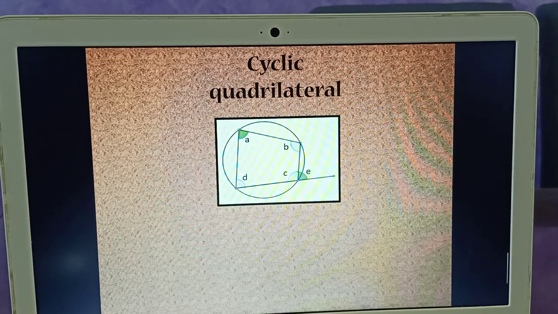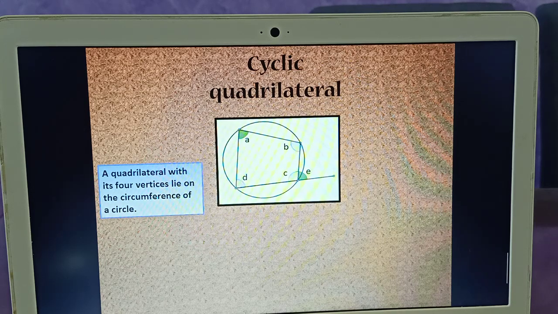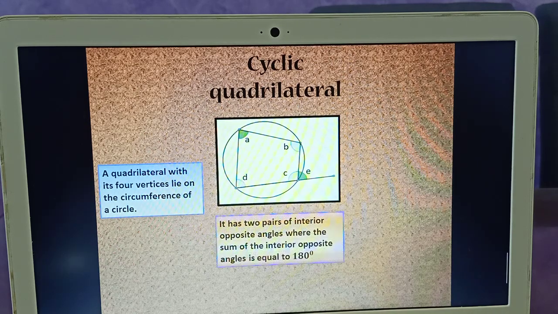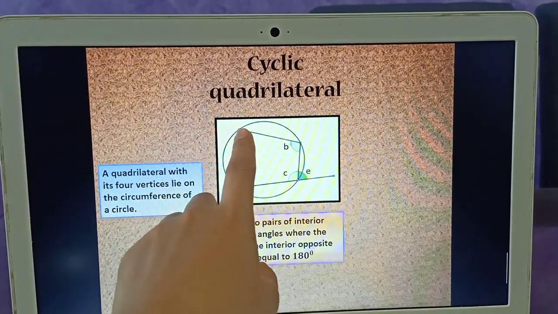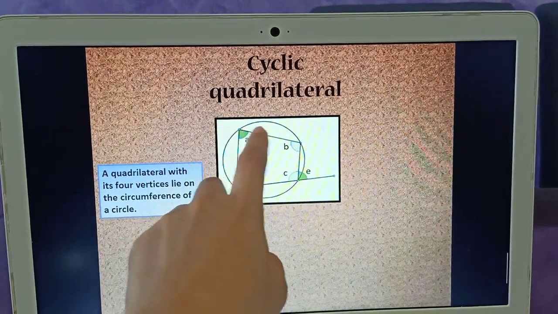Okay, apart from the diagram, how it looks like, you need to know the definition of cyclic quadrilateral. It is actually a quadrilateral with its four vertices lying on the circumference of a circle. As you can see here, this is a quadrilateral, and its four vertices lie on the circumference of a circle.